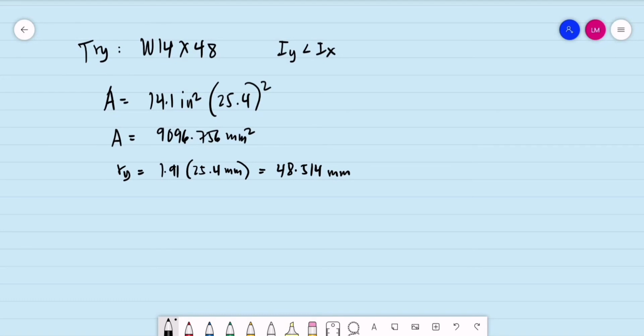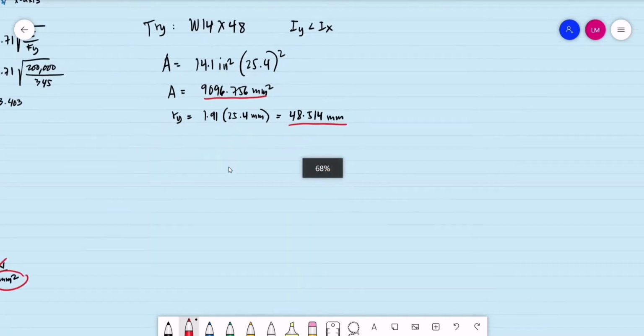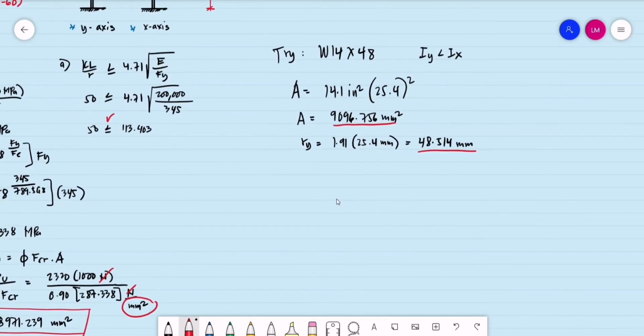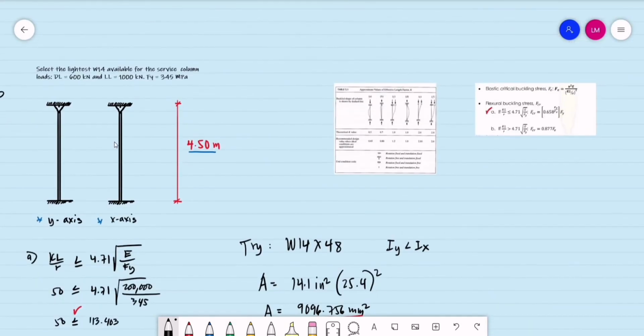So let us check this section if it is adequate. Alright, so let's have its actual slenderness ratio, that is the KL over r. Again, we are considering with respect to the y-axis since it's more critical compared to the x-axis. So what is the value of our effective length factor?